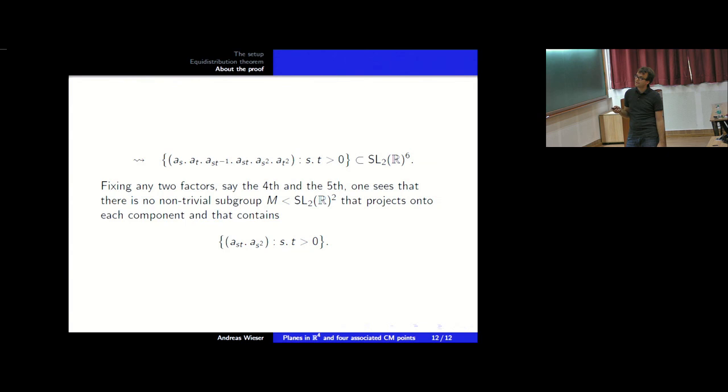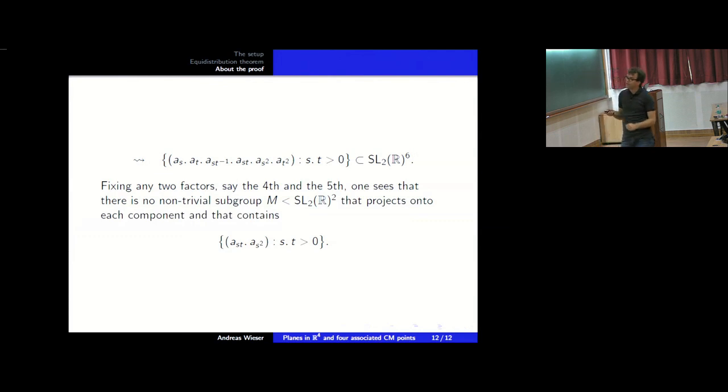So you get AST, AS squared, like this. And if you had a subgroup M that would project onto each component that comes from a joining, okay? It would either be SL2R squared, or it would be a graph of an isomorphism of SL2R, okay?